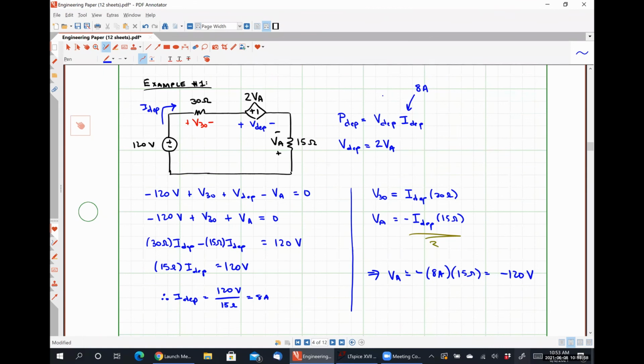So twice VA is going to be negative 240 volts. Everybody okay with that?